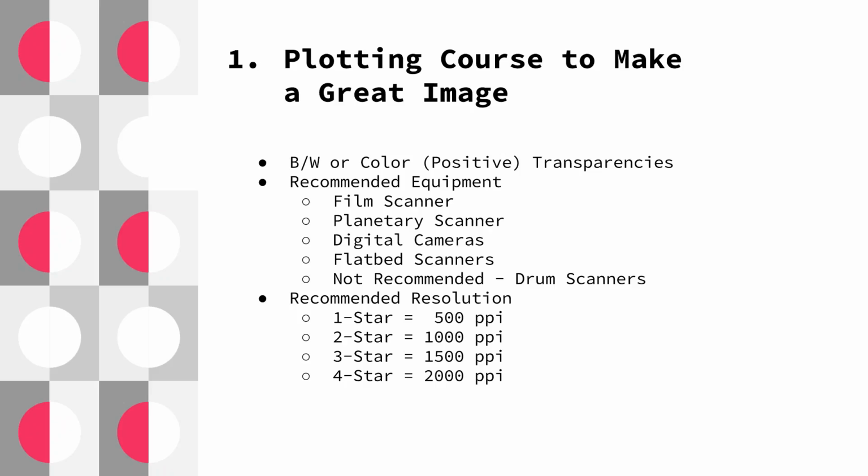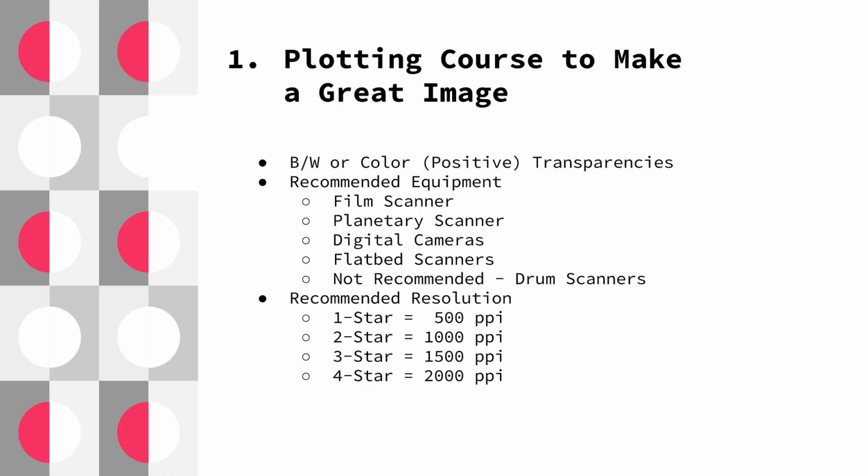The other is there is recommended equipment that you'd want to use. You could use a film scanner, a planetary scanner. Planetary scanners are the ones that have an extension and the object sits below and the recording device sits above. Digital cameras, flatbed scanners. Notice that those $1 million drum scanners are no longer recommended by the Library of Congress.